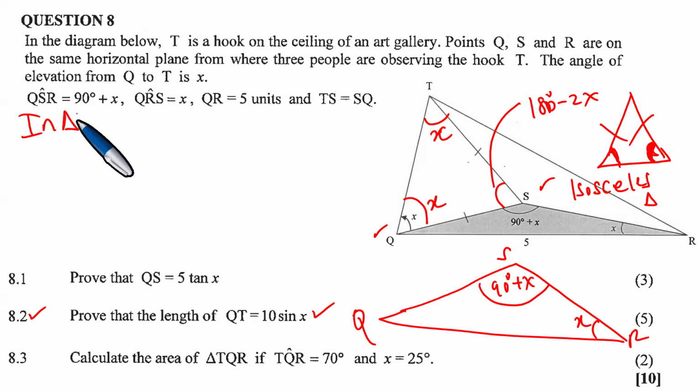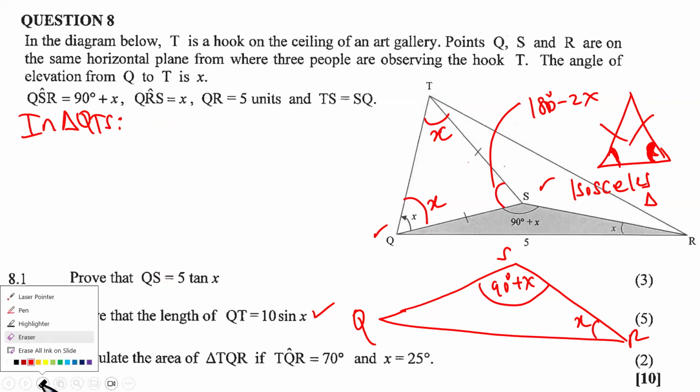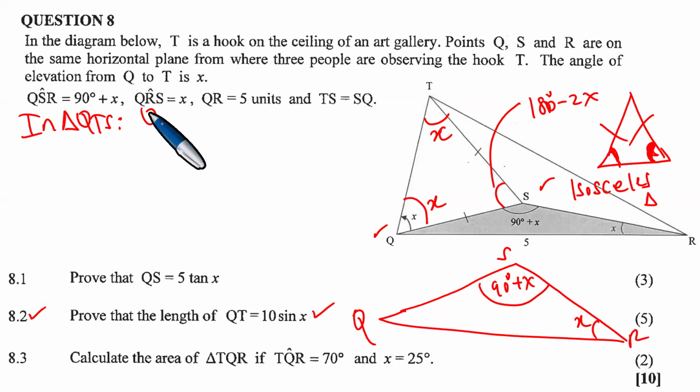In triangle QTS, you'd have QT over the sine of the angle opposite.